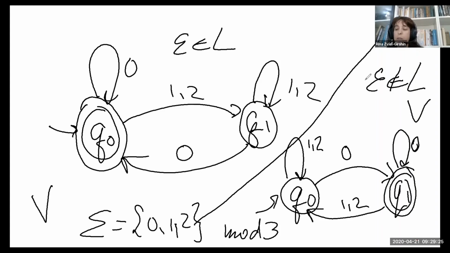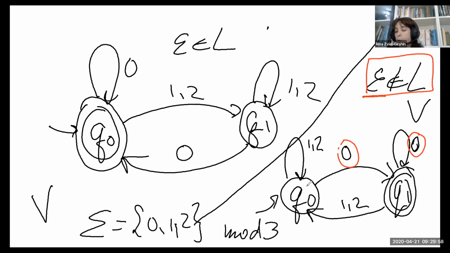In the second model, we decided that we don't want to accept epsilon. So if I don't want to accept epsilon, Q0 can't be an accepting state. So Q0 now is a rejecting state. If I get an empty word, I reject it. But once again, each word that ends with 0 should move me to an accepting state.